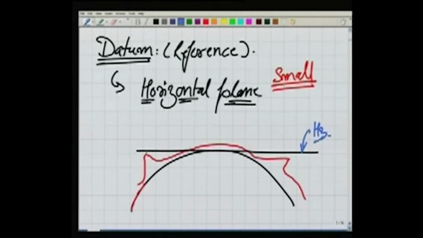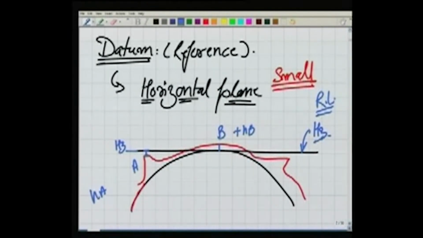Then in that case, the RL of point A here will be, I will not say RL right now, we will discuss this term later. Let us say the elevation of this A with reference to this horizontal plane is negative here, some value HA, while for a point here B, it is positive, it is HB.